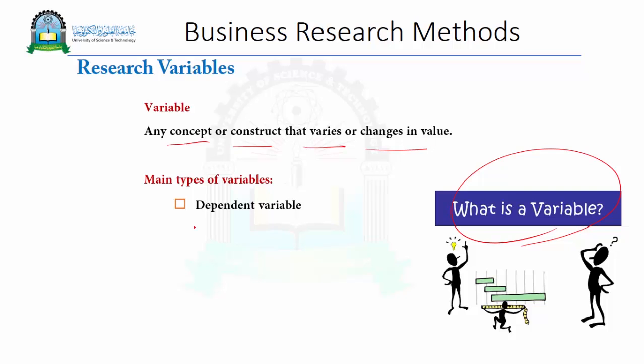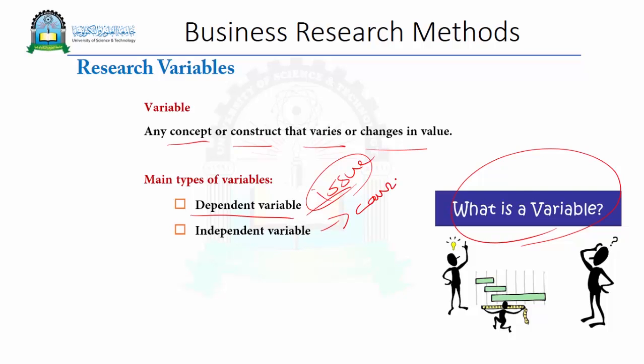The first one is the dependent variable, which is the main issue of any research, which is the output. And the second one is the independent variable, which is the cause. So we can say the independent variable is the cause, and the dependent variable is the issue or the effect.